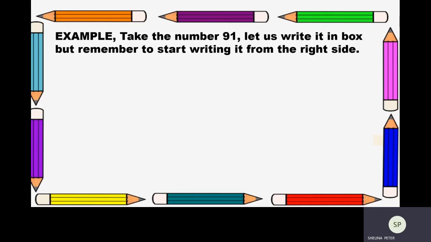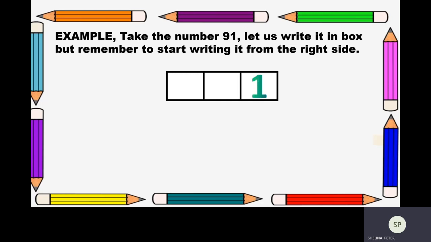Now let us go to the next example. Now take the number 91. Let us write it in box, but again you remember to start writing it from the right side. So again we have 3 boxes here. Let us write 91 beginning from the right side.